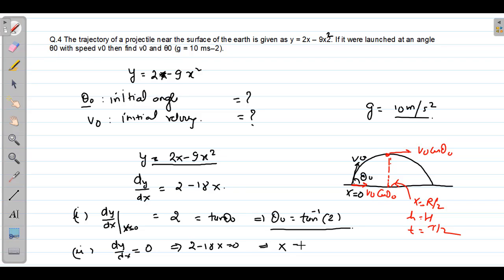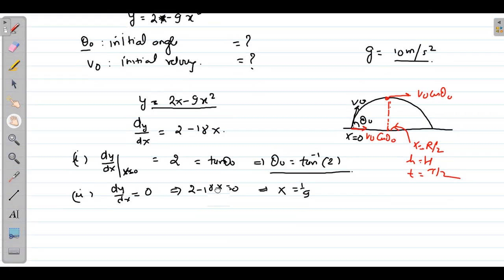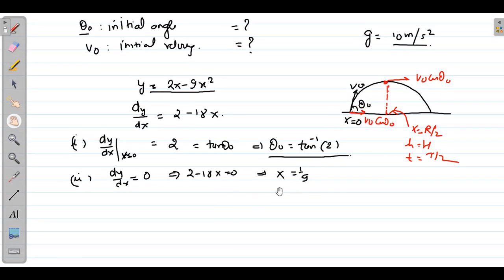This implies that x equal to 1 by 9. That means at x equal to 1 by 9, which is half of the range, R by 2 equal to 1 by 9, and R equal to 2 by 9.